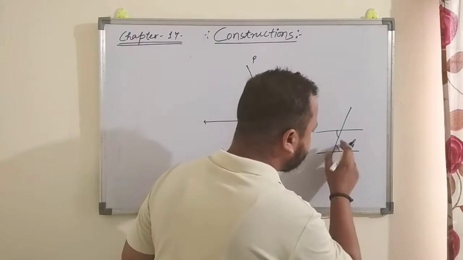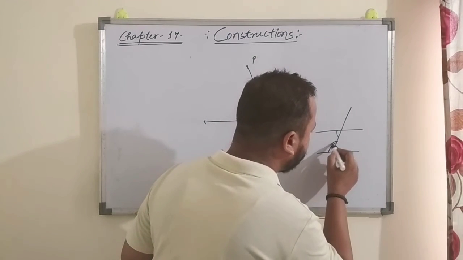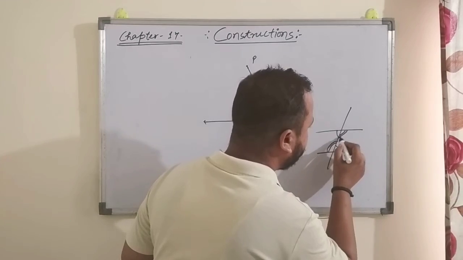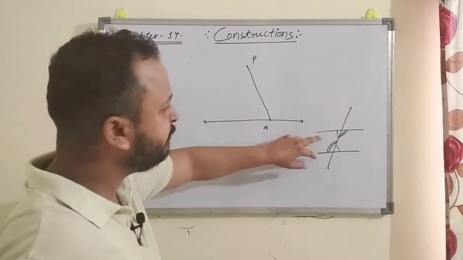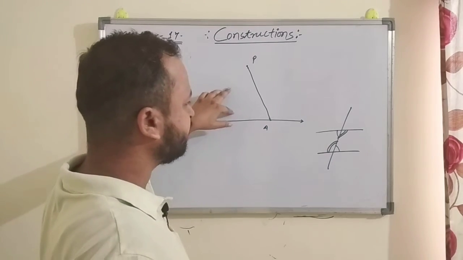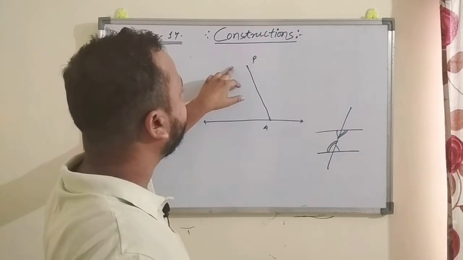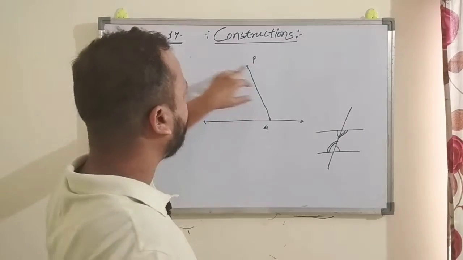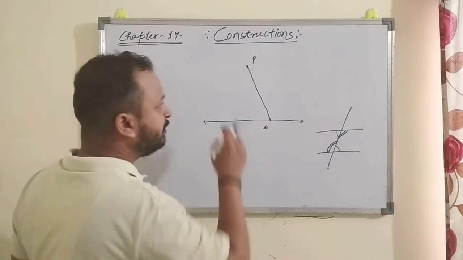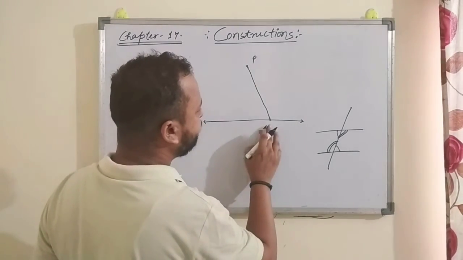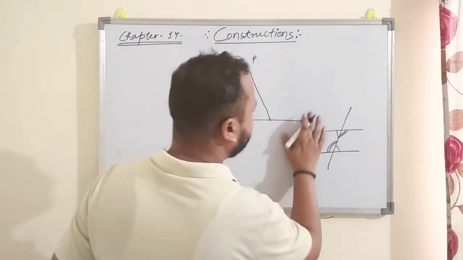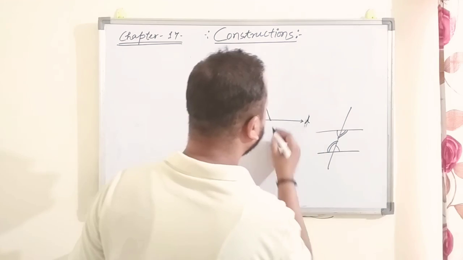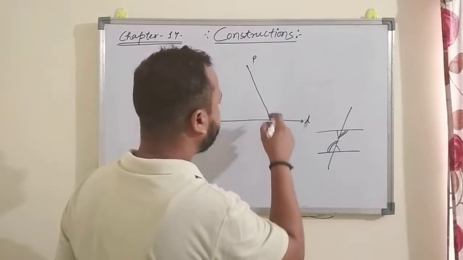You can take these, or you can take these two alternate interior angles. So this concept we are going to use for the construction of a parallel line which is passing through a given point, right? So when we join it, means we have taken a point on the line. Suppose this line is L, this point is A, we have joined them.